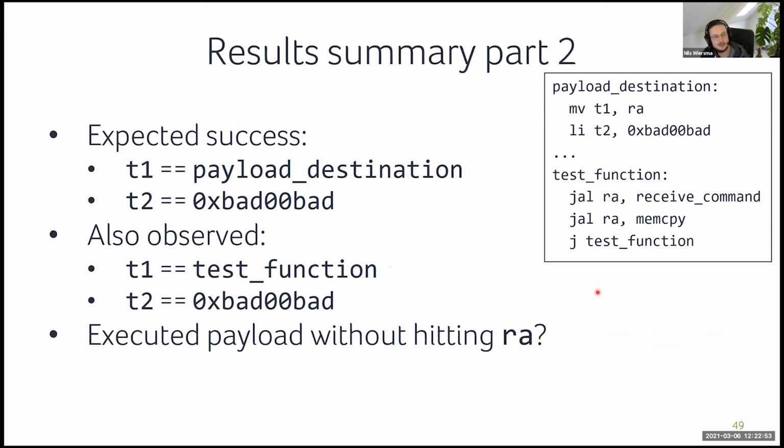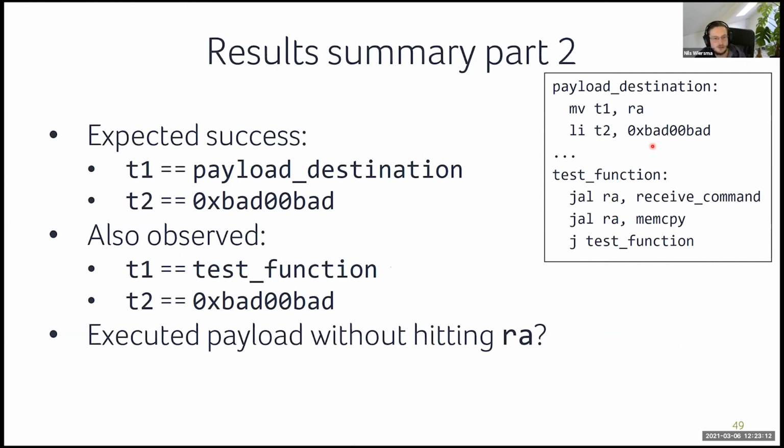One last thing I would like to share with you is that we observed something interesting here. If you recall what I showed you before, the payload sets a temporary register to the current return address value and another one to the magic value.